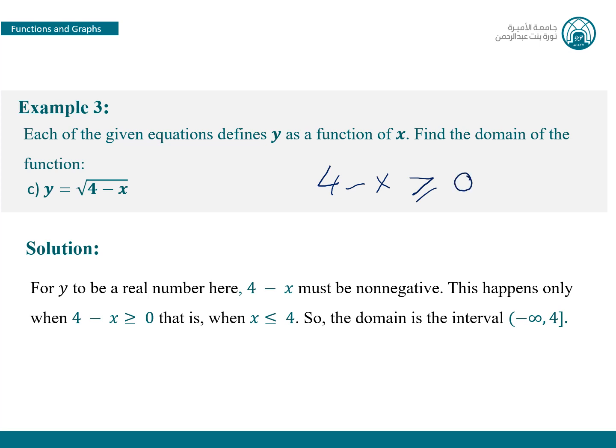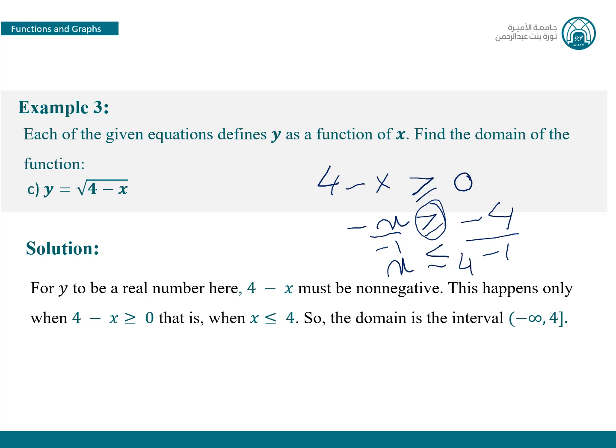If we move 4 to the other side, it will be minus 4. We need to change the sign if we move the number from one side to the other. Now we need to divide both sides by minus 1. If divided or multiplied by minus 1, the greater than changes to less than. So it will be x less than or equal to 4.